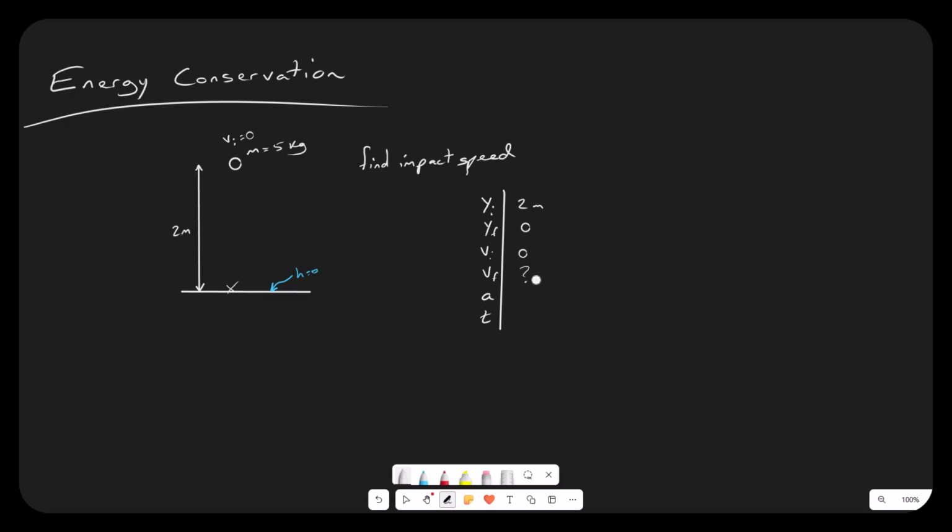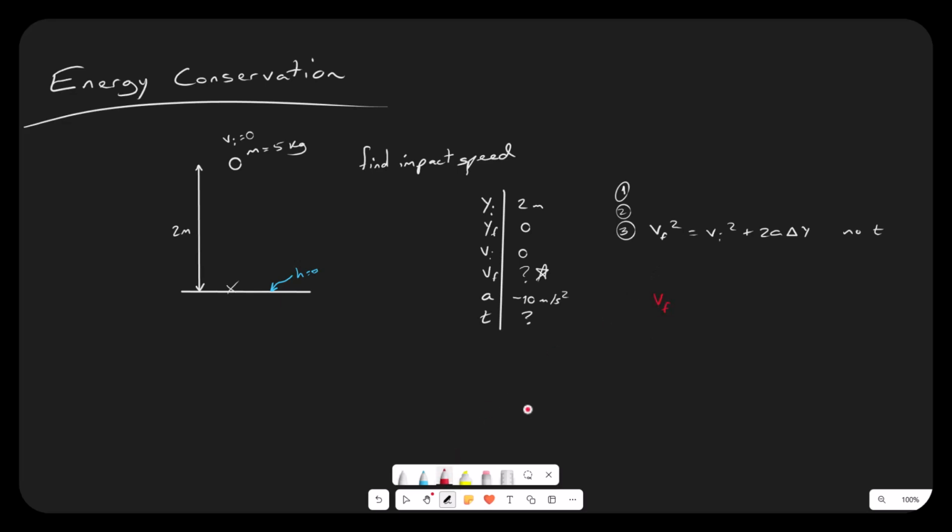I don't know this one, but I'd like to. My acceleration is from gravity, and I don't know my time. I would have my 3 equations that I would use, 1, 2, and 3. 3 would end up being the one I'd go with. v final squared is v initial squared plus 2a delta y, because this one doesn't have time in it. No time.